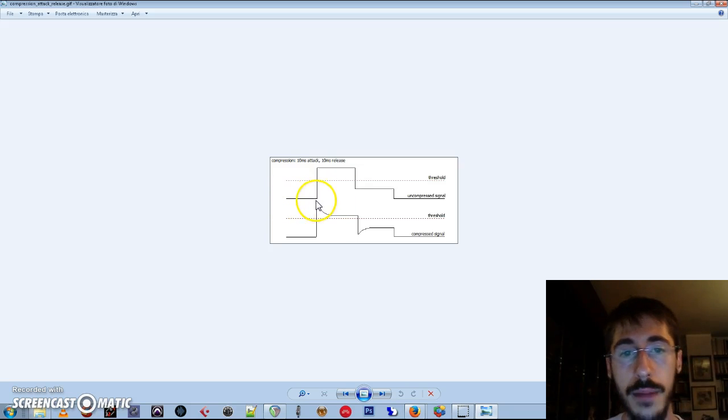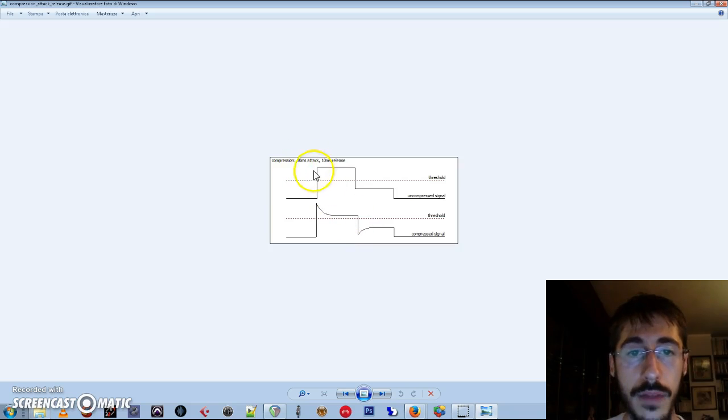Here we have a square signal with no compression at all. And here we have our compressed signal.